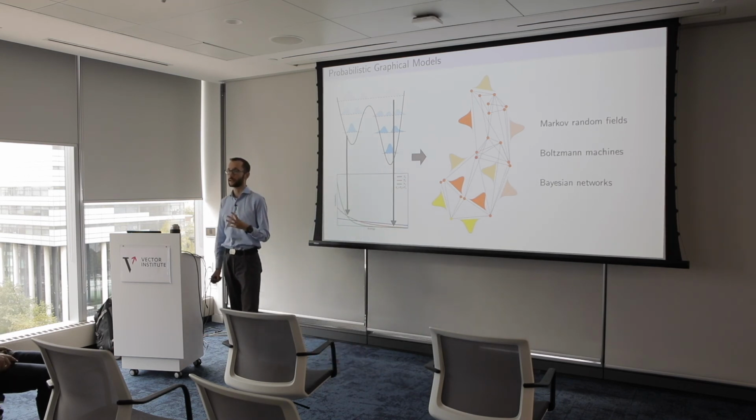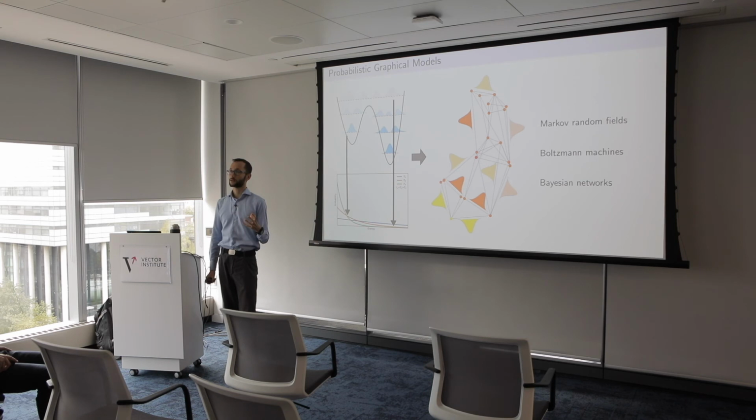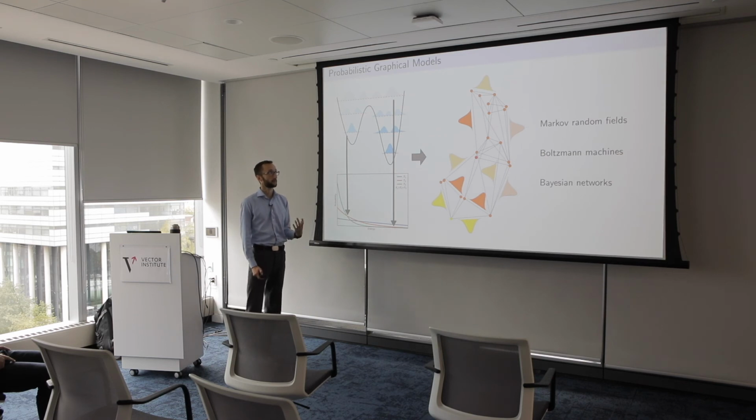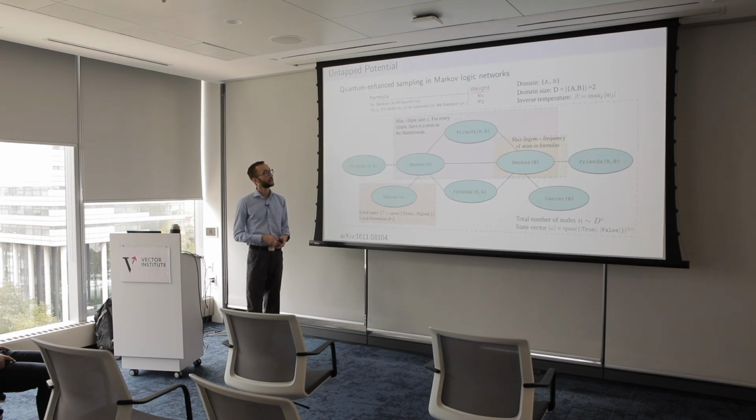But this is one big application area, because all of these architectures require sampling from a Boltzmann distribution during training or even during inference. And in general, this is a #P problem, so it's definitely something that's meaningful to solve. And pulling out these samples from a quantum computer takes 50 milliseconds. It's a constant time. Just get the samples out. And I really think that there's a lot more to explore here.